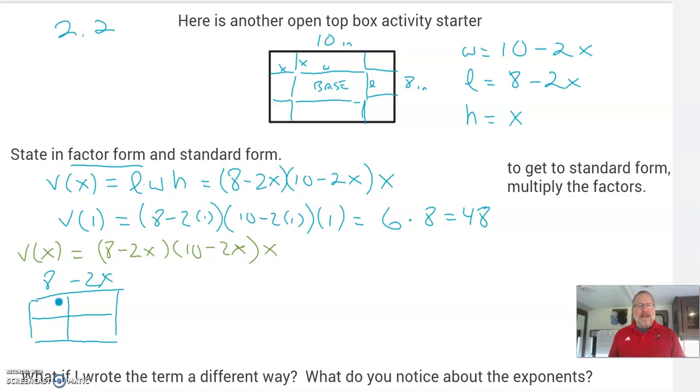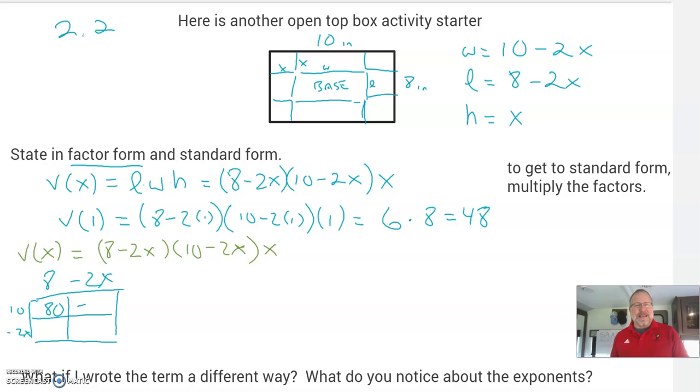So I'm multiplying an 8 minus 2x and a 10 minus 2x. 8 times 10 is 80. See how I did that like a multiplication table? Now I'm going to slide over to the next header over here. That's a negative 2x.